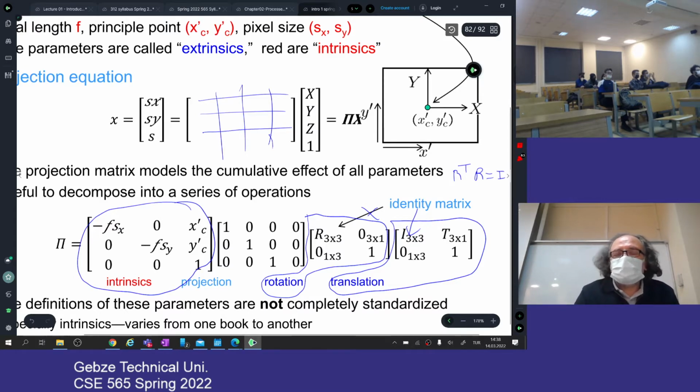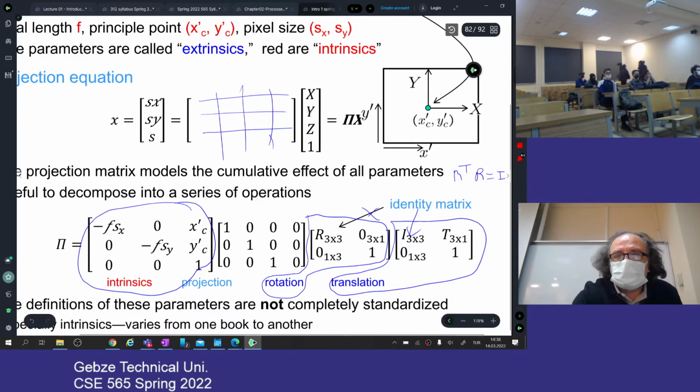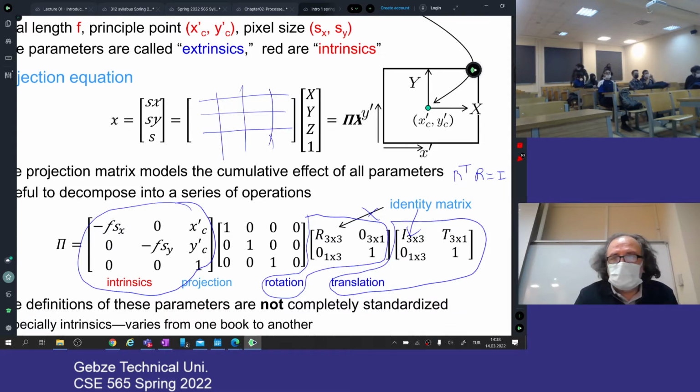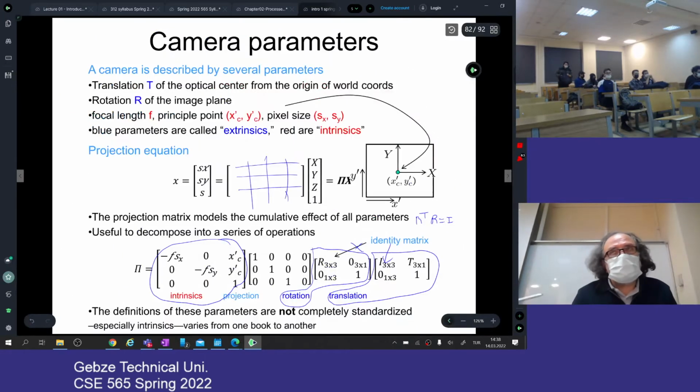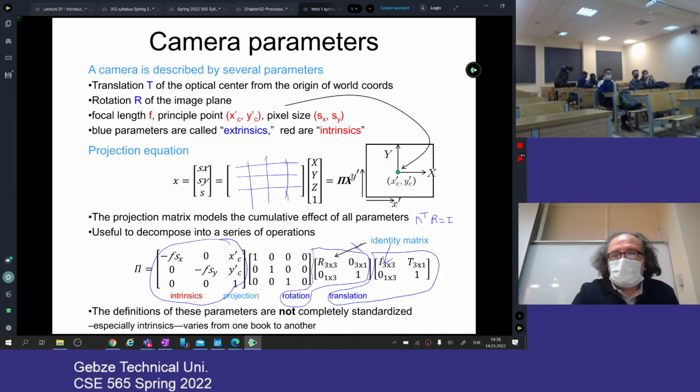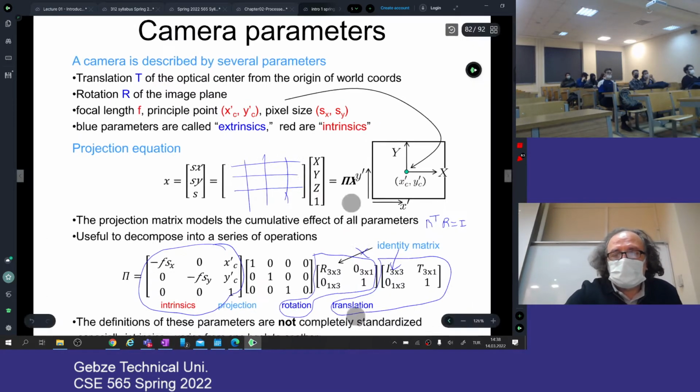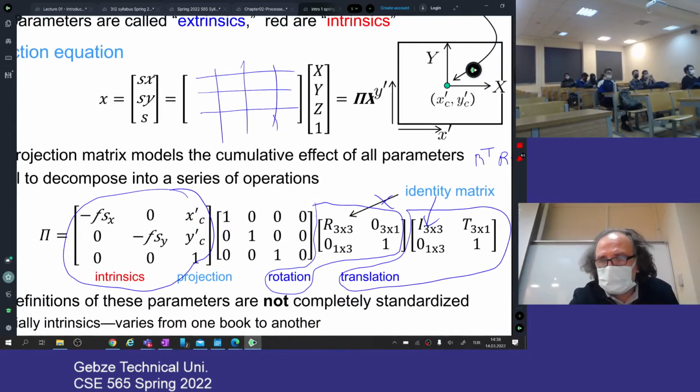So there's a 12 number matrix, and I multiply with it, so I get the image coordinate of the corresponding point on my image. So that's what we did. I think we spent like 2 hours to derive all these, and these are called our camera parameters. How many parameters we have?